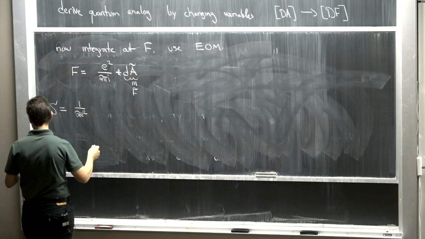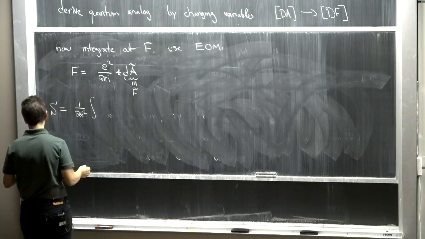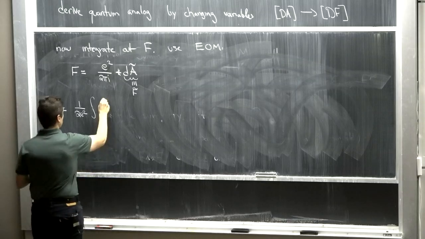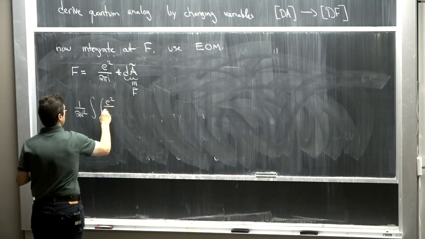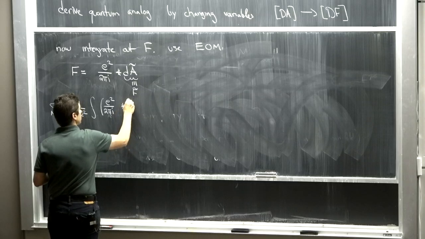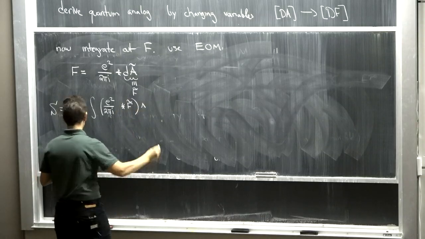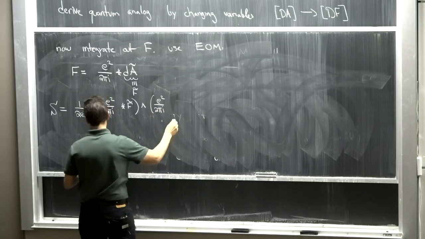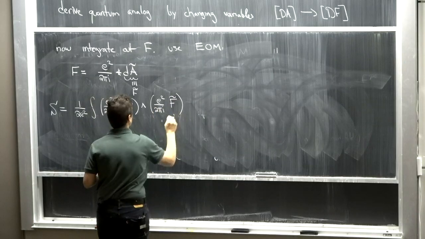So we have 1 over 2 e squared integral f wedge star f. Here is f. We're just going to rewrite f in terms of f tilde. e squared over 2 pi I star f tilde, e squared over 2 pi I f tilde. Remember, star squared is 1.